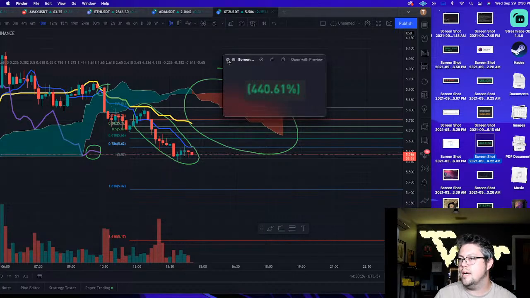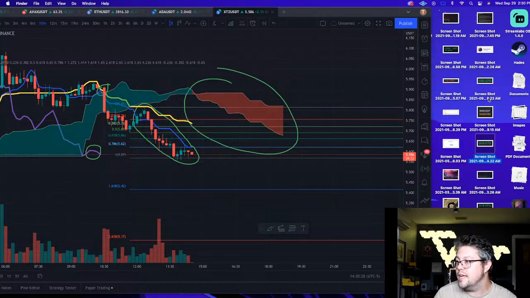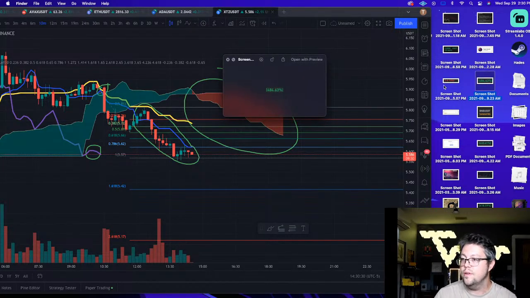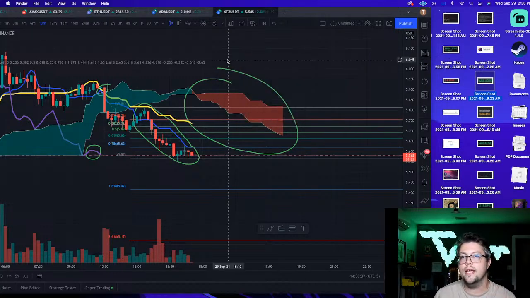But then I didn't have any signs to cash everything out. So then an hour later, this is my BNB trade. Just constantly going up, just based on the Ichi method alone. I didn't use any other indicators. I'm not recommending that at all. I think you should use all of them.